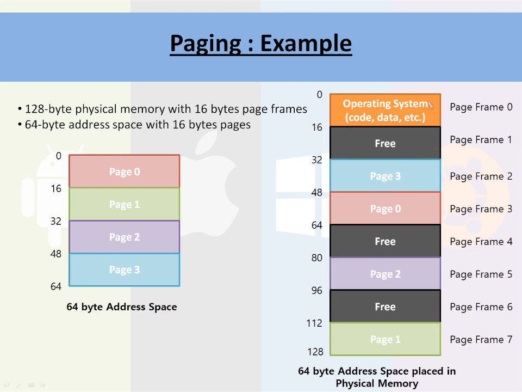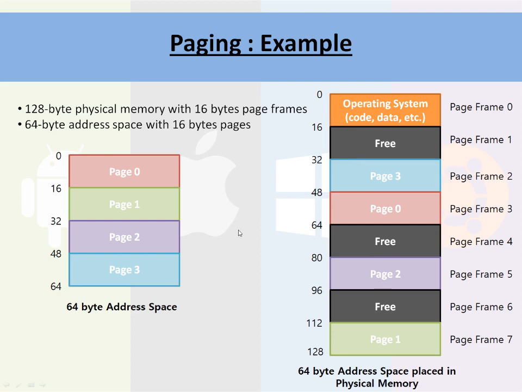Now usually the operating system will take up the initial page frame, and it might take up multiple, but in this case it's just the first one. But this is exactly how the mapping would be. So if you wanted to map page 0, it will be mapped to page frame 3. And this is the information indicated in our page table.